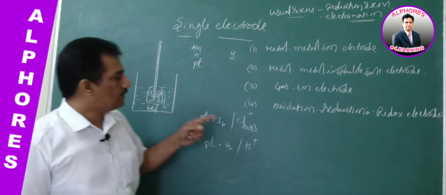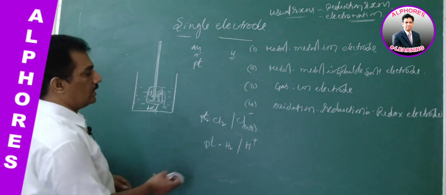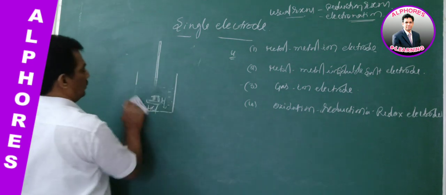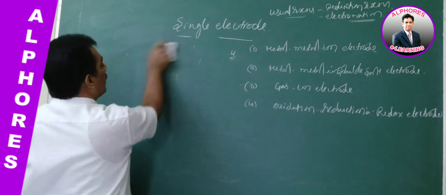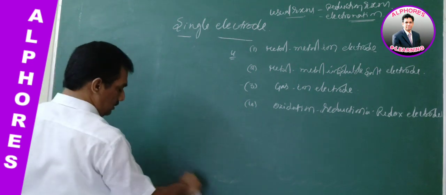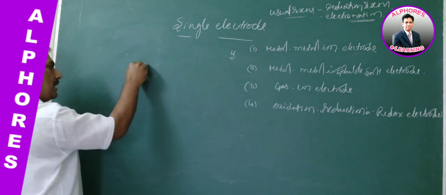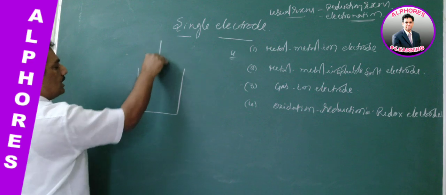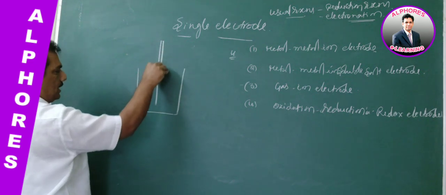Clear? And the next one is the oxidation reduction or redox electrode. Redox electrode or oxidation reduction electrode. Here again the construction is by using an inert metal rod like gold or platinum.